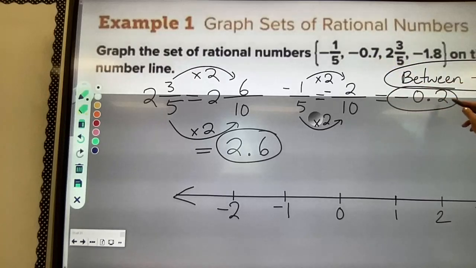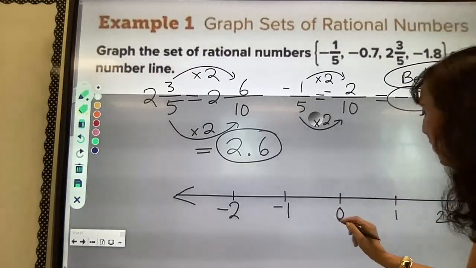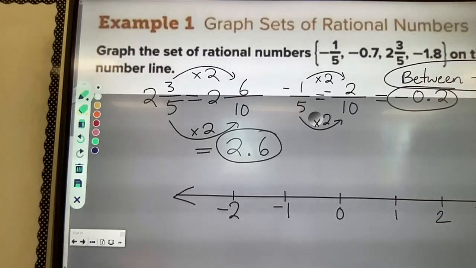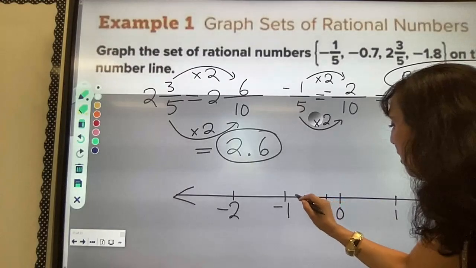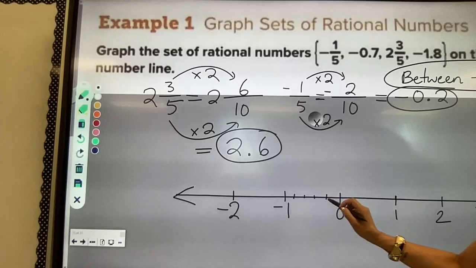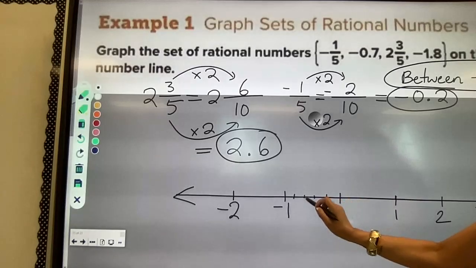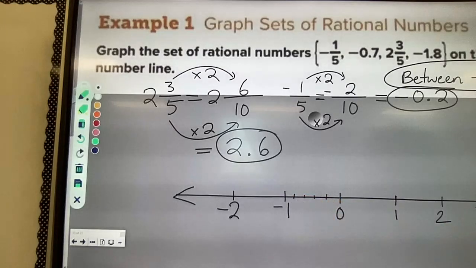-1/5 is what? -2/10. So what I can do is break it into 5 parts. I do know that if this is 0, and I say 1, 2, 3, 4, 5, this will be -2/10, 4/10, 6/10, 8/10, so all negative, and then that is -1, right?